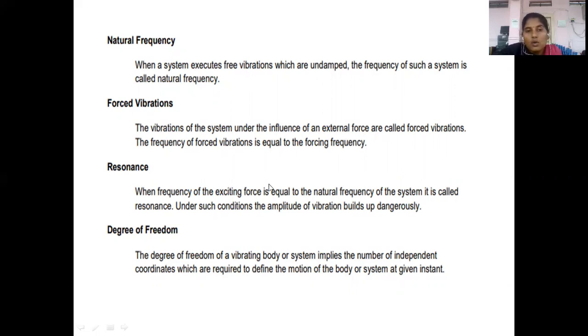The frequency of forced vibrations is equal to the forcing frequency. Full stop. Below this, write down resonance.